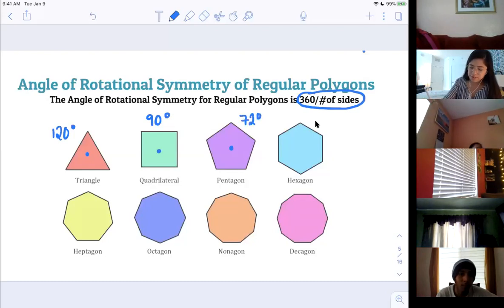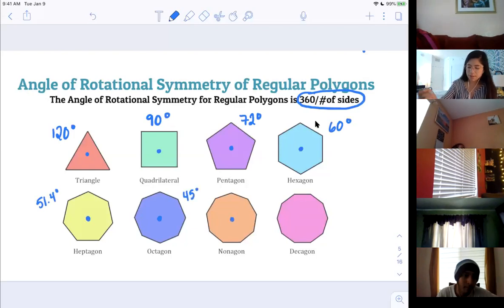Hexagon, 60. Heptagon, that has 7 sides, right? 51.428571. Let's just round it up for now. 51.4. Octagon, 45. Good.